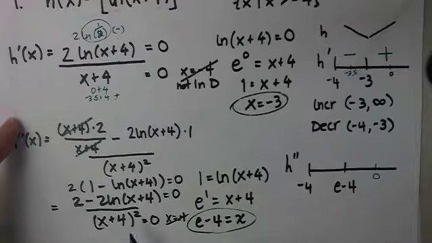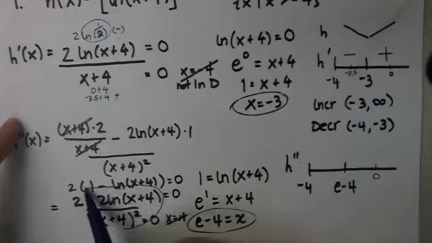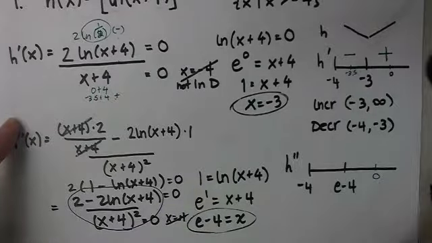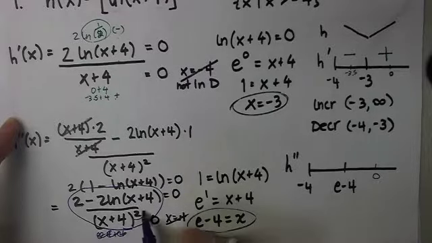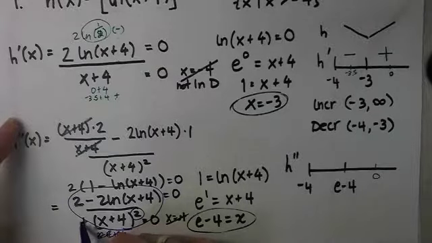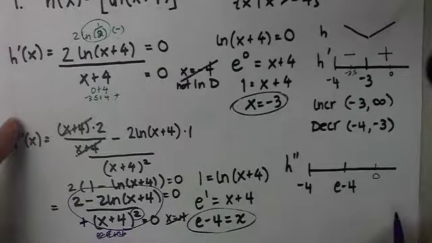All right, so if we go back to our messy looking second derivative, and plug in e minus 4, we get e minus 4 plus 4. Actually, we don't even need to plug it into the denominator because the denominator is being squared. So the denominator is always positive, no matter what.